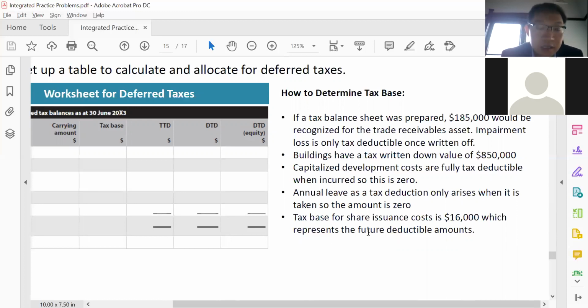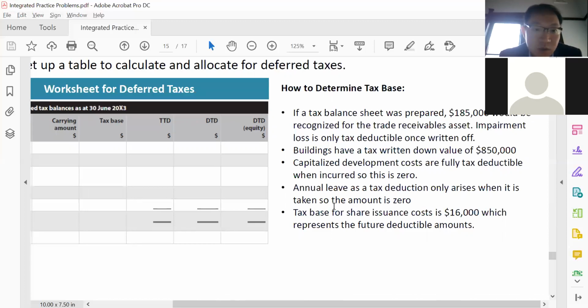If you're curious to understand the tax treatment of share issuance costs, in the ITAA 97, which is the preeminent Australian tax act, share issuance costs are known as a black hole expenditure, which the tax authorities allow as a 5-year straight line deduction. So any amount, divide that by 5, this is going to be your amount. And so if you're wondering where that came from, that is where it came from.